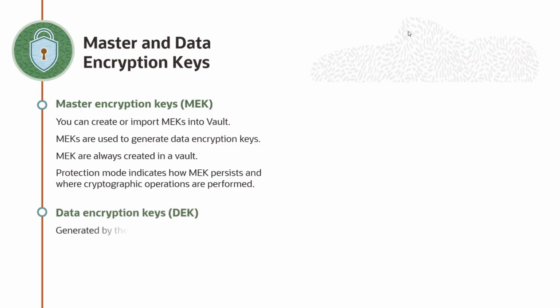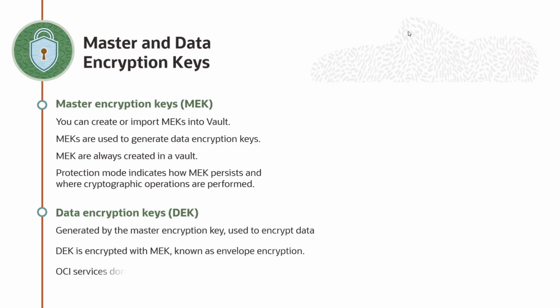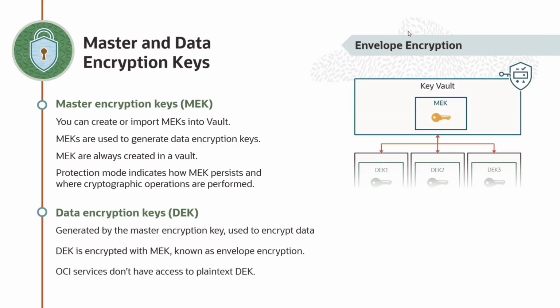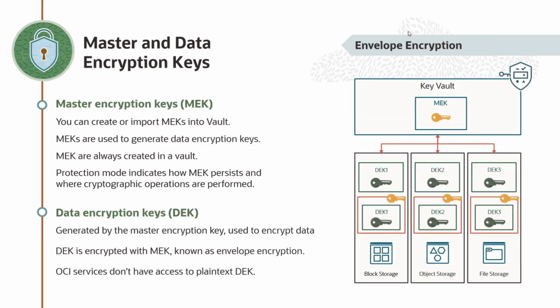There is also this concept of data encryption keys. Data encryption keys are generated by the master encryption keys, and these are used to encrypt data. Data encryption keys themselves are encrypted with the master encryption key, and this is known as envelope encryption. You will see why envelope encryption makes sense in subsequent lessons.